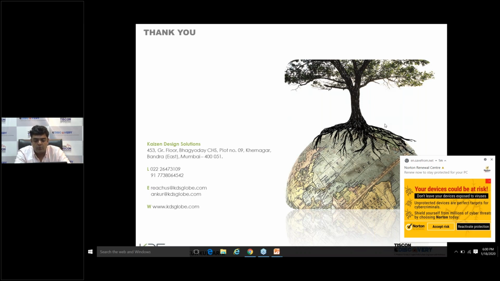One more question says, how much minimum distance should be kept between two towers to ensure proper light and ventilation? I'm sorry, sir, but there's no direct answer or thumb rule, because every building has a different characteristic.